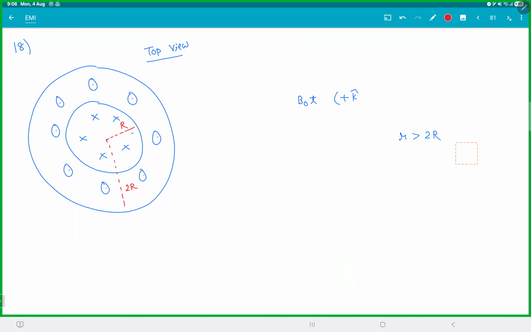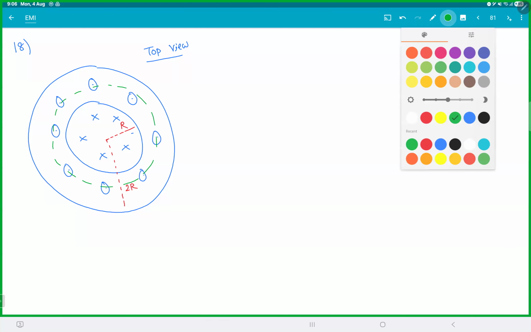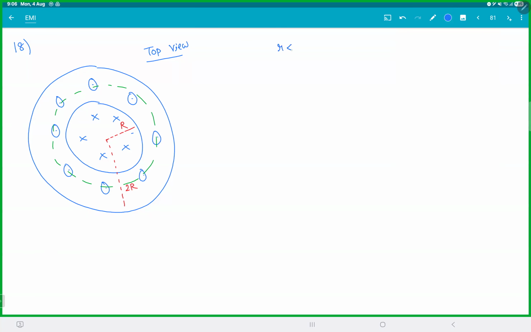For the second part, if you take somewhere here, for r between R and 2R, the flux will be, taking downward flux as positive, B naught pi R square minus B naught t times pi small r square minus pi capital R square.